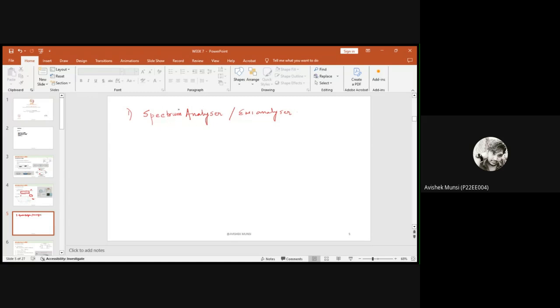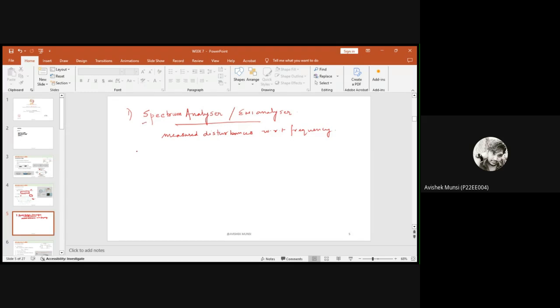The spectrum analyzer is a device which measures the disturbances with respect to the frequency. If you have any disturbances, you will see more and more harmonics in your frequency. So this is what a spectrum analyzer does.